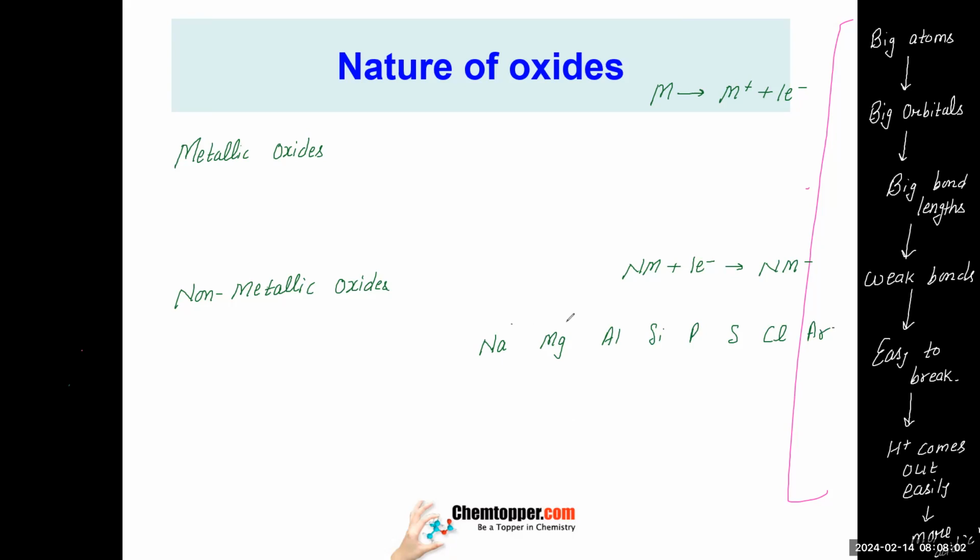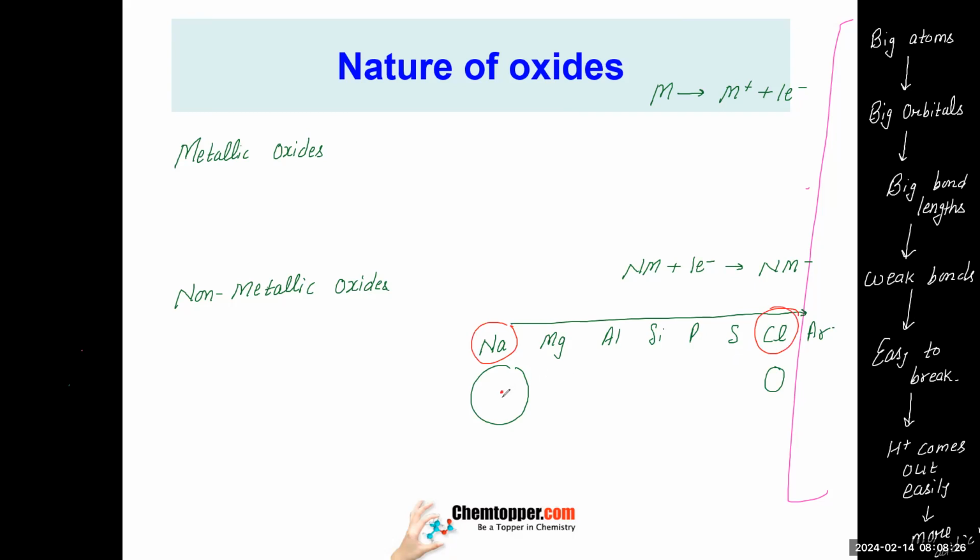What happens to atomic size across the period? Decreases. Very good. So sodium is very big and chlorine is very small, right? So which element can lose electron and which element can gain electron? Who can lose electron? Sodium or chlorine?